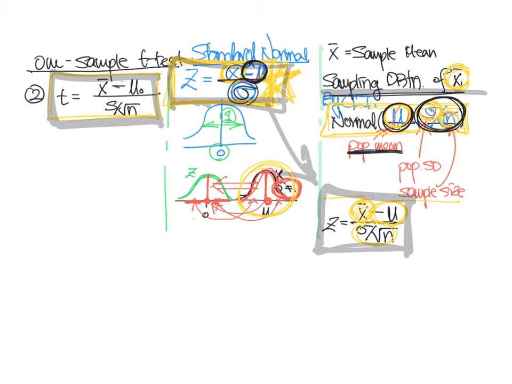First, here's a mu 0, but here's a mu. Just a second. Where was the mu 0? The mu was the unknown population mean.